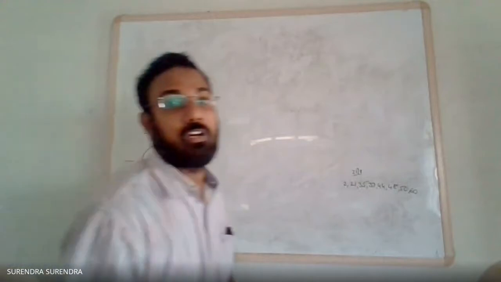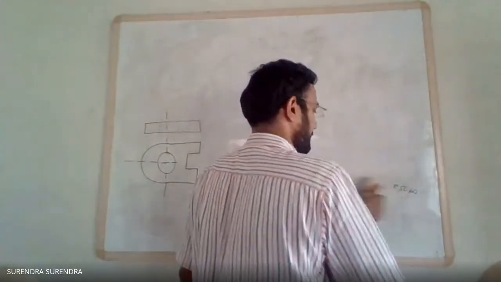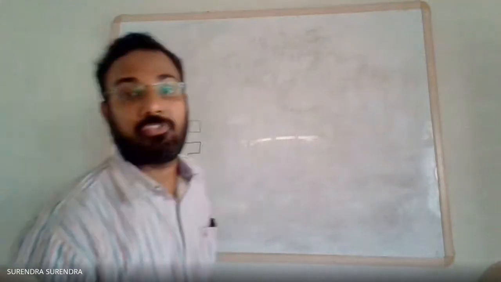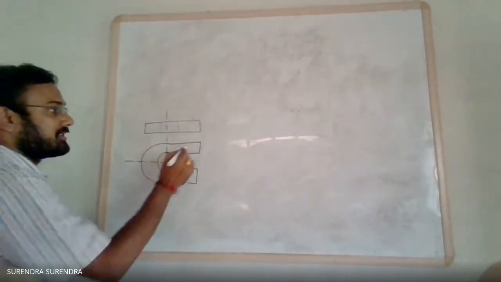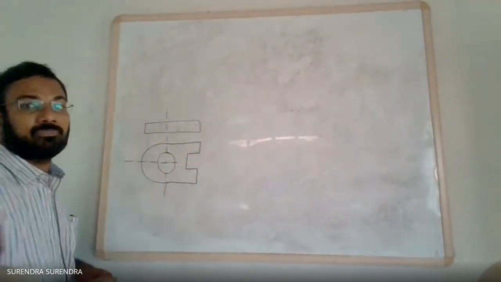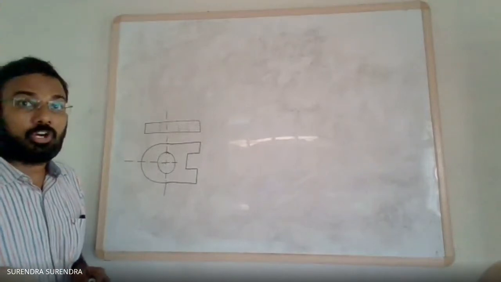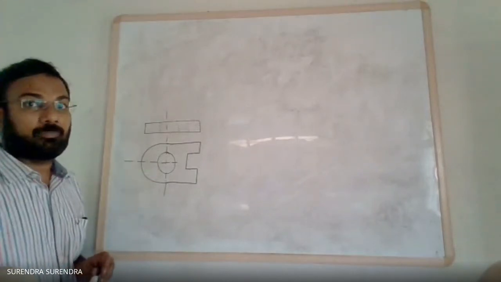Now, how to draw the front view, top view, and the isometric view for this component? First, let us draw this outer shape in isometric view. Top view means it is in horizontal position.